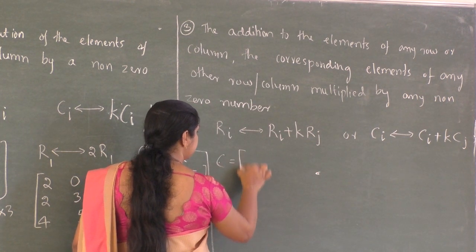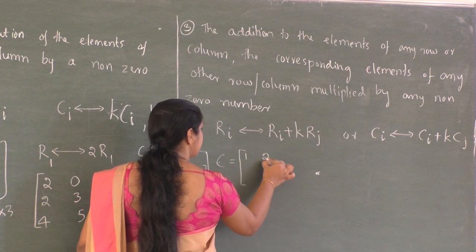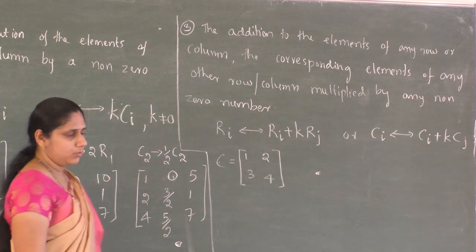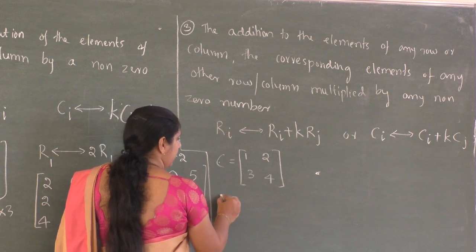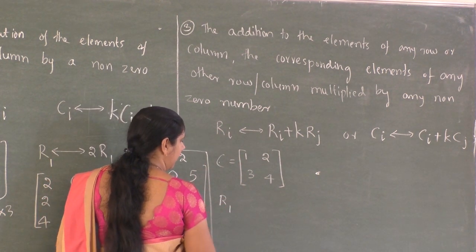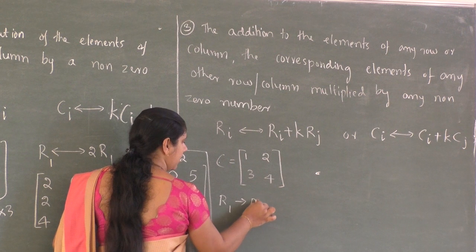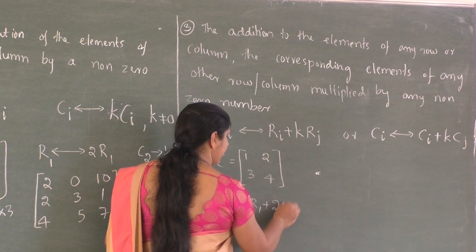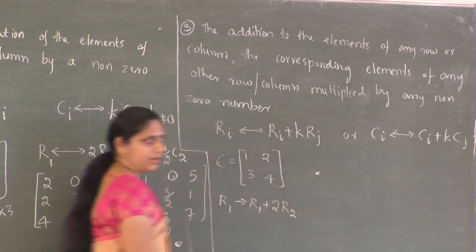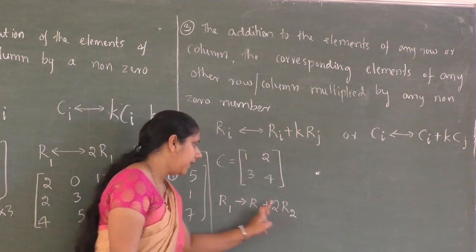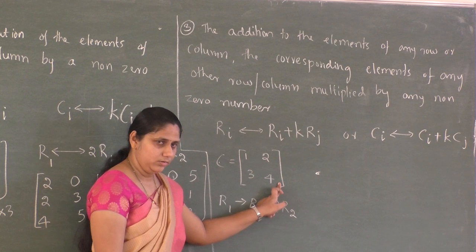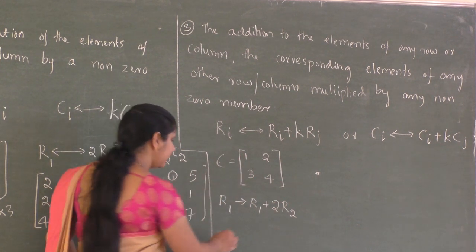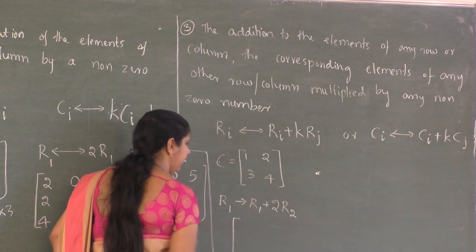For example, if the matrix is 1, 2, 3, 4, it is a 2 cross 2 matrix. I will do the operation R1 goes to R1 plus 2R2. That is, you have to multiply 2 to the second row, then you have to add the corresponding elements to R1 and change the first row.